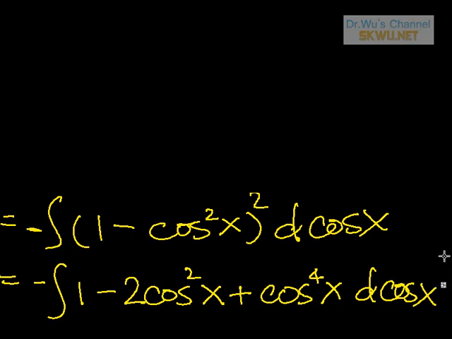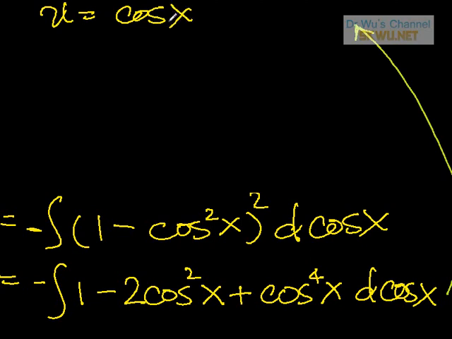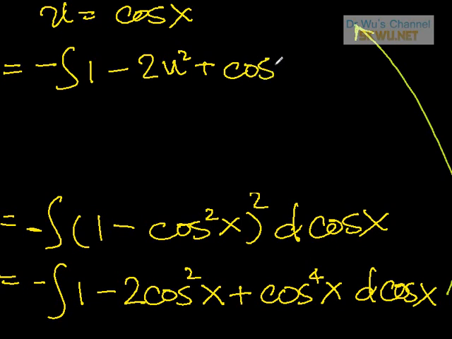Okay, now I clean up the upper part and move it to here. So what are we going to do? Well, we can use the substitution. We can assume u is equal to cosine x. So we have minus, 1 minus 2 u squared plus, oops, that should be replaced by u to the power 4, du.